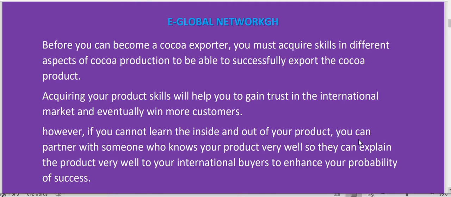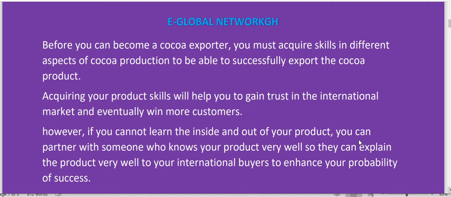Just be truthful in your business, not only on exporting business, but any aspect of business that you are doing. Just be truthful about your product. Tell the customer or the buyer the kind of product you're selling. Tell them the quality of the product and everything.